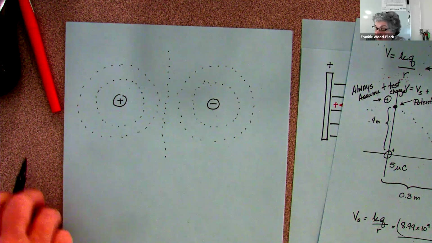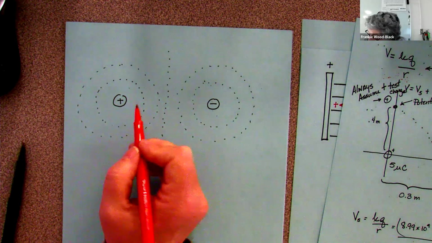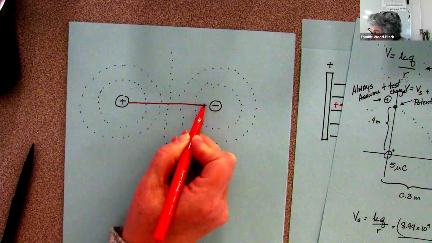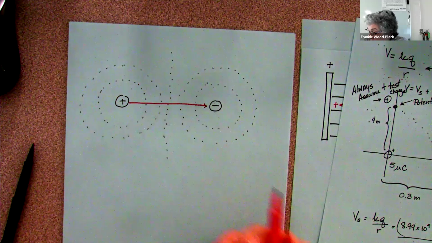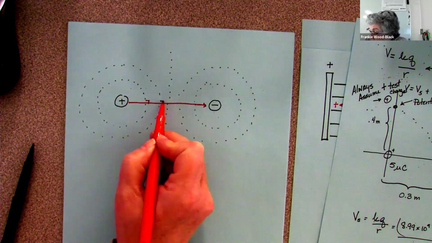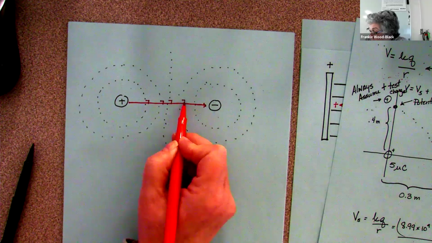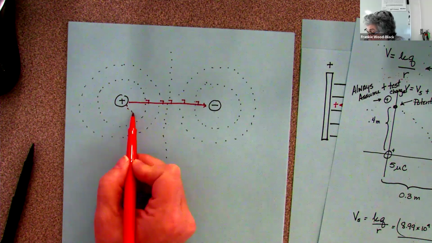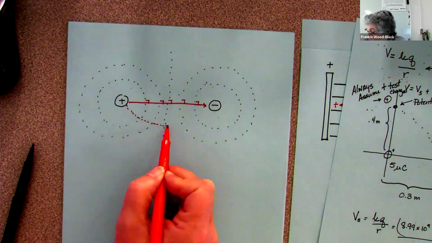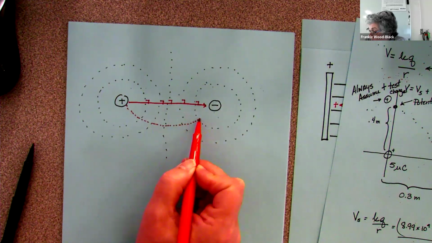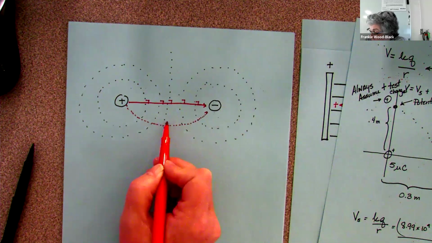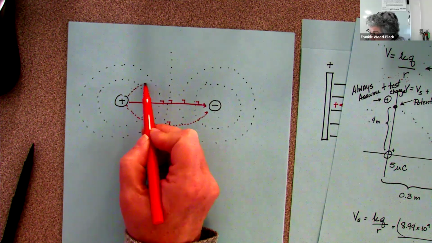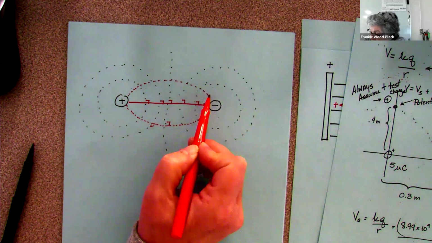I can actually infer my electric field because these will be perpendicular to my lines of equal potential. So this is how you can actually draw your electric fields by looking at these lines of equal potential. So if I have a dipole, this is what we end up with.